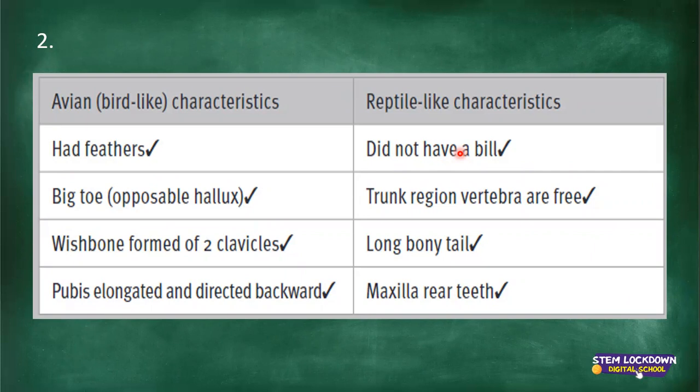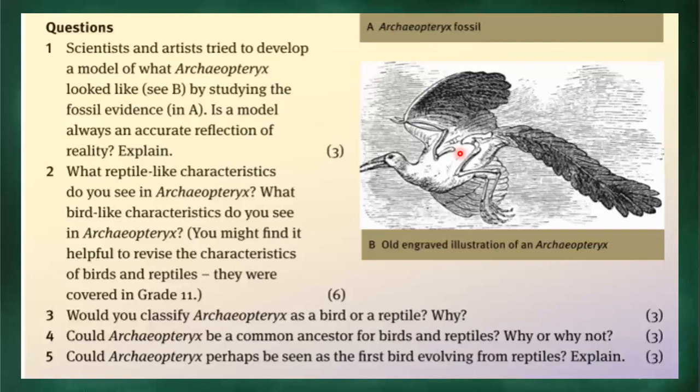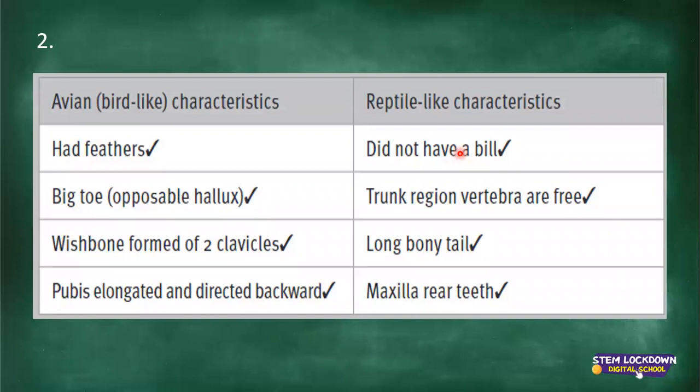The avian or bird-like characteristics are feathers, the big toes, which is the opposable hallux, then the wishbone, which is formed of 2 clavicles, and then the pubis elongated and directed backwards. Those are basic characteristics of birds that we see on the Archaeopteryx here. It has wings, the big toe there, as well as the wishbone formed of 2 clavicles, and the pubis.